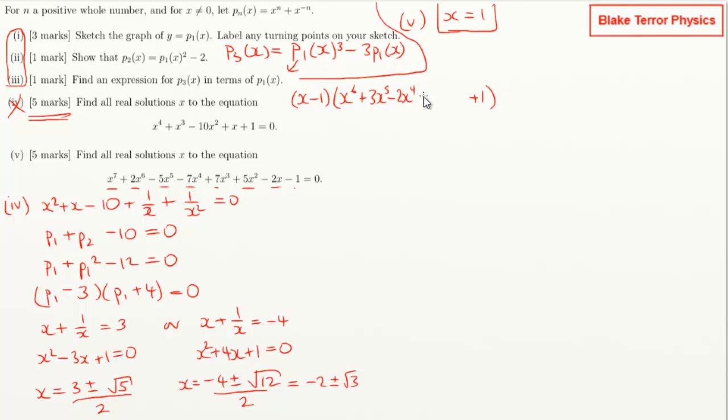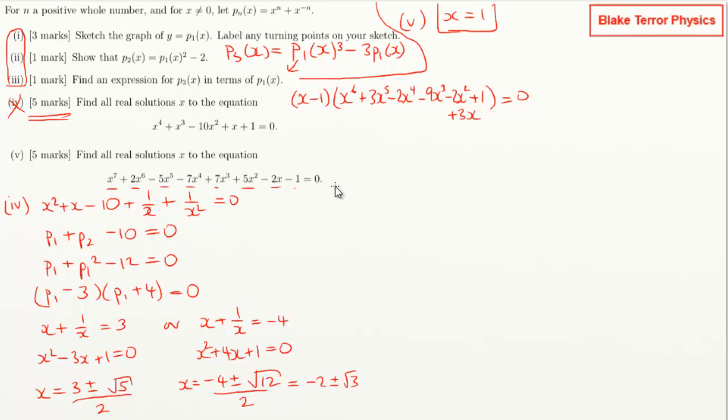Which gives us a 2 x to the 4, so we need to do a minus 9x cubed, which gives us a 9x cubed, so we need to do a minus 2x squared, which gives us a 2x squared, so we need to have a plus 3x. So I'll just stick that below.